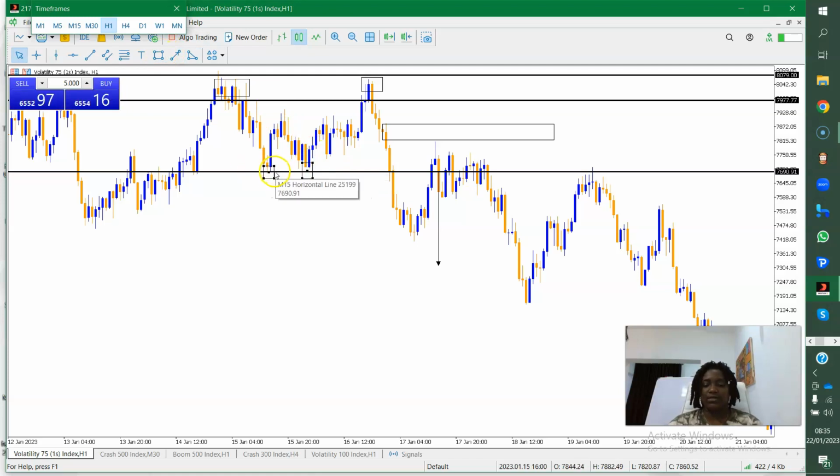Apart from the fact that these two areas in the chart are giving me a chart pattern formation, it also serves as support, right? Because price got here, went back up, came here again, respected that point and went back up. So there is some sort of support here, and then we notice these two tops right here.